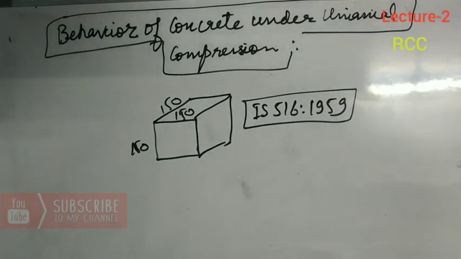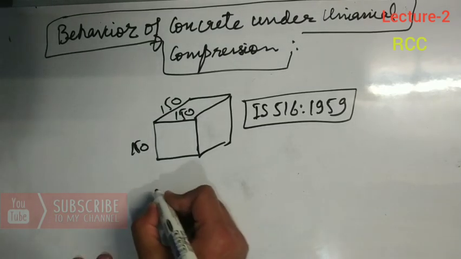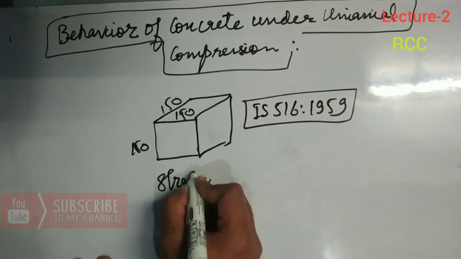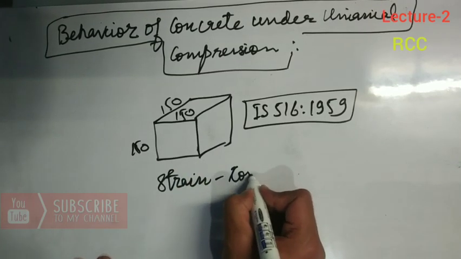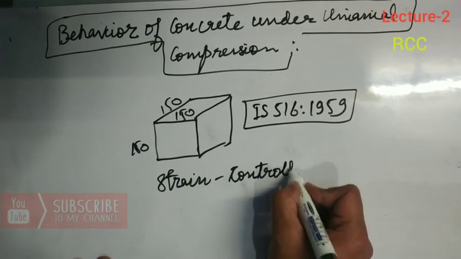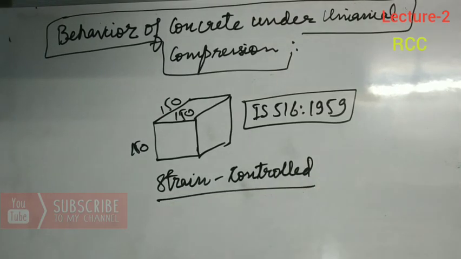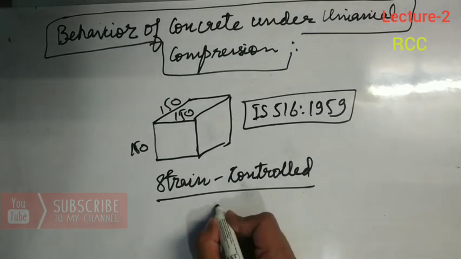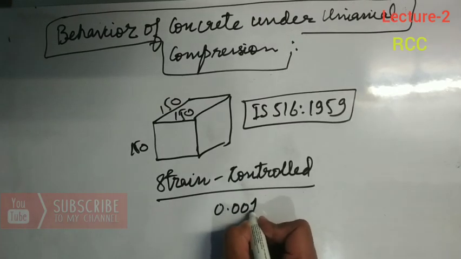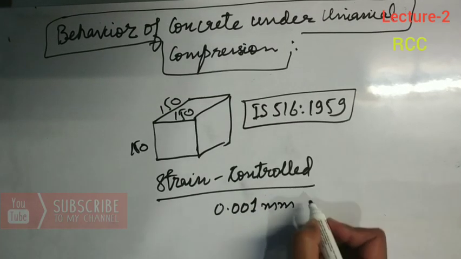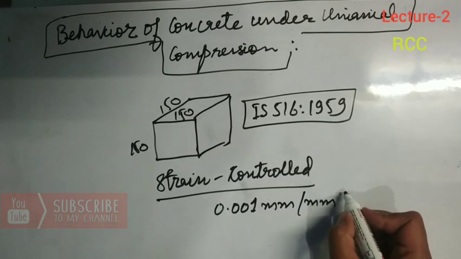These specimens are generally tested after 28 days of casting and continuous curing. The loading in the compression testing machine is usually strain controlled. Remember, loading is strain controlled and the load is generally applied at a uniform strain rate of 0.001 mm per minute.